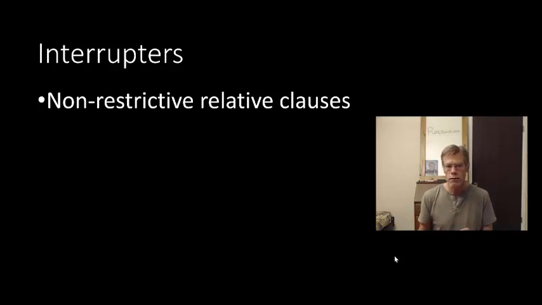A restrictive relative clause is necessary information for identifying which referent is intended with the noun phrase. A non-restrictive relative clause, however, is going to give extra information. It could have just as easily been saved for a separate sentence. It's not necessary for identifying that noun phrase.